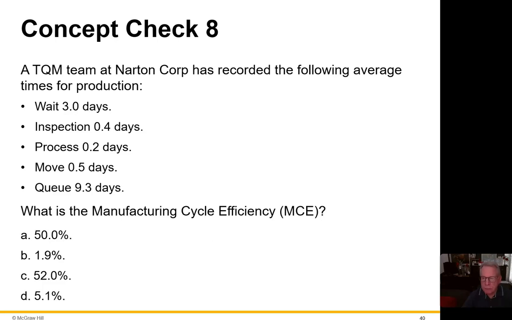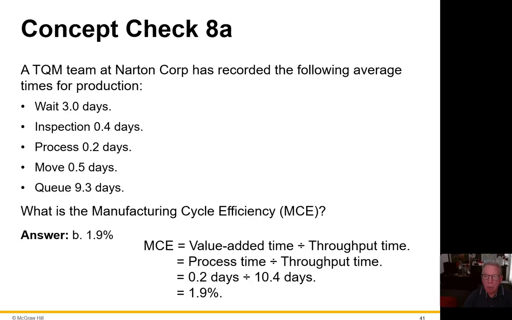Now, manufacturing cycle efficiency, the MCE, what would that be? Well, we're going to take the process time here, the value added time, I should say, divided by the throughput time.